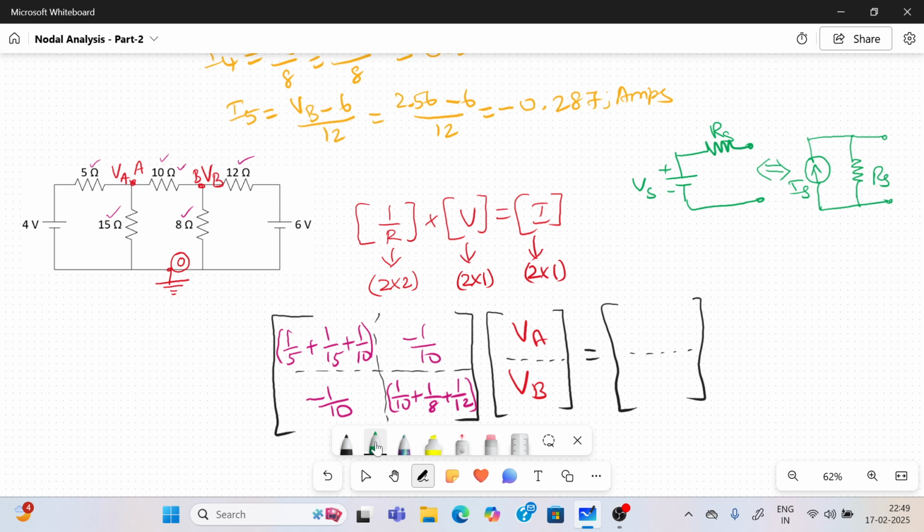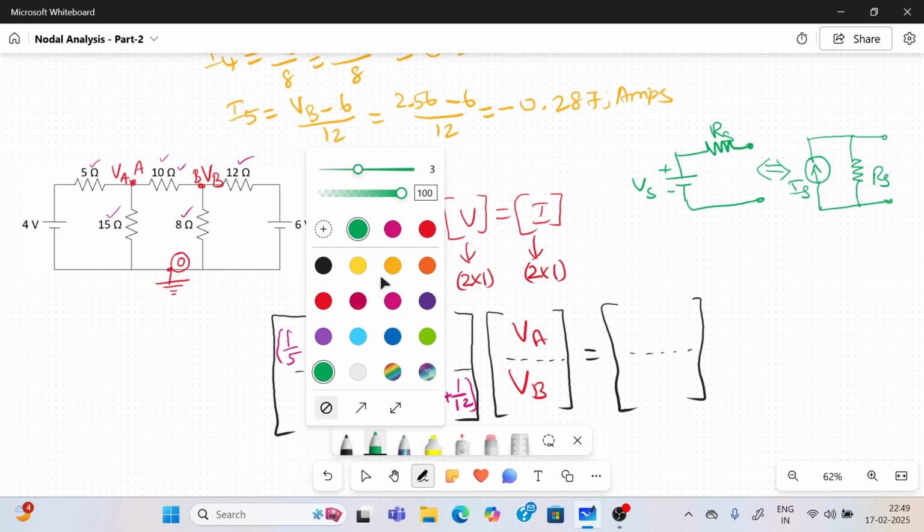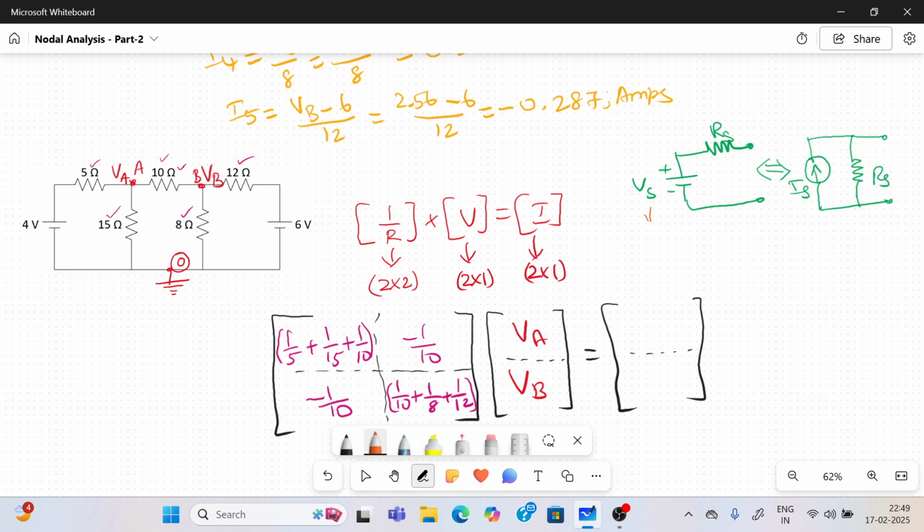Then how do we convert the other quantities? If you are going to find Vs from a current source, V is equal to IR, so Vs is equal to Is into Rs. You substitute in the V is equal to IR formula.